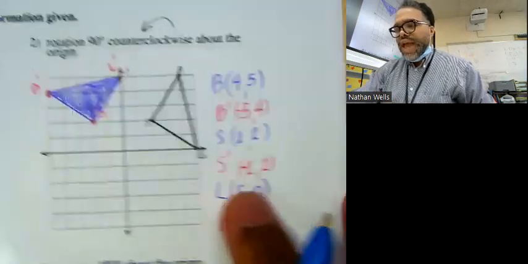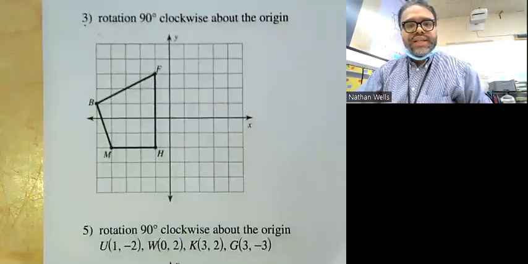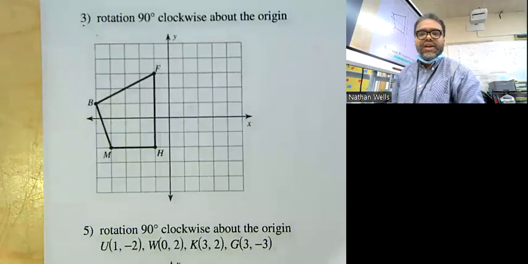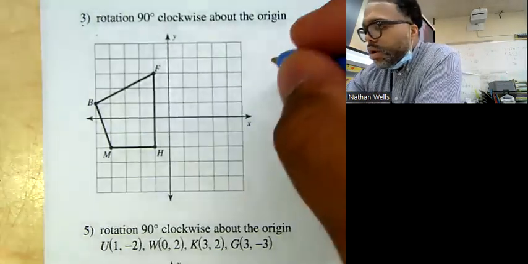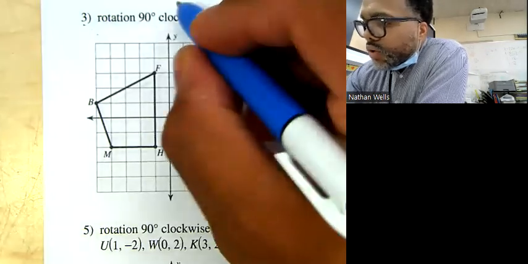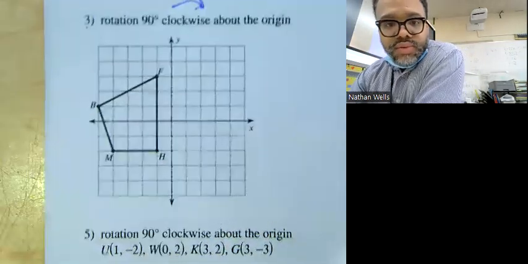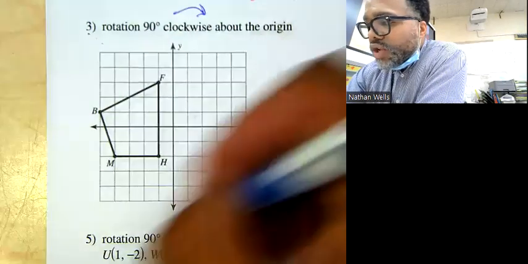Let's take a look at another example, our final example. We're going to go 90 degrees clockwise this time. First things first. Clockwise means to the right, like the hands on a clock.